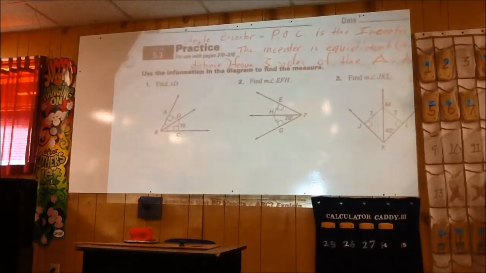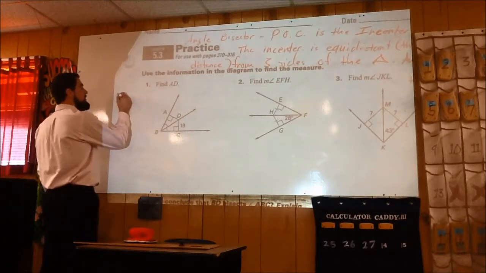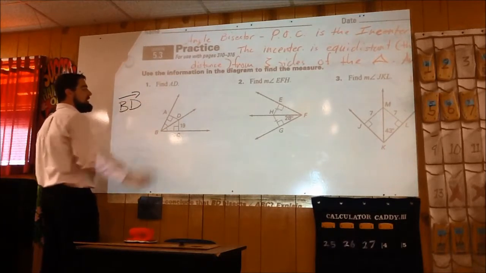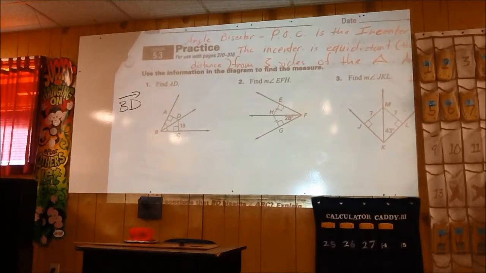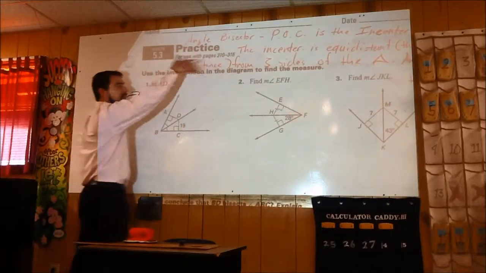First off, in item 1, what can you tell me about ray BD? What can you tell me about that ray? It's the angle bisector. How do you know that it is the angle bisector? Because it doesn't say anything in the instructions.